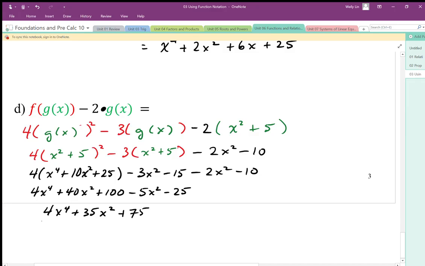So there is my expression for f of g of x minus 2 times g of x. Okay, so we end up with this expression with x's.